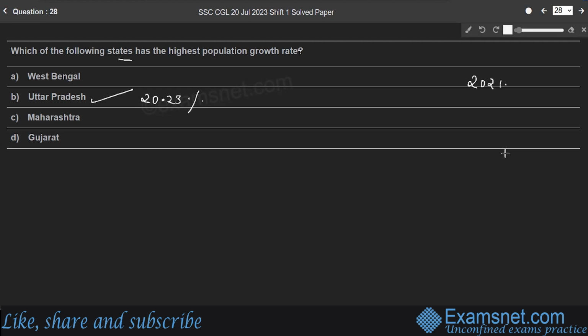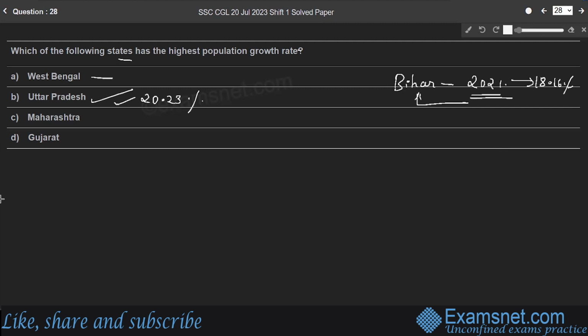Up to 2021, Bihar had the highest population growth rate, which was 18.16% in 2021. So now the highest population growth rate is in Uttar Pradesh, which is 20.23%.